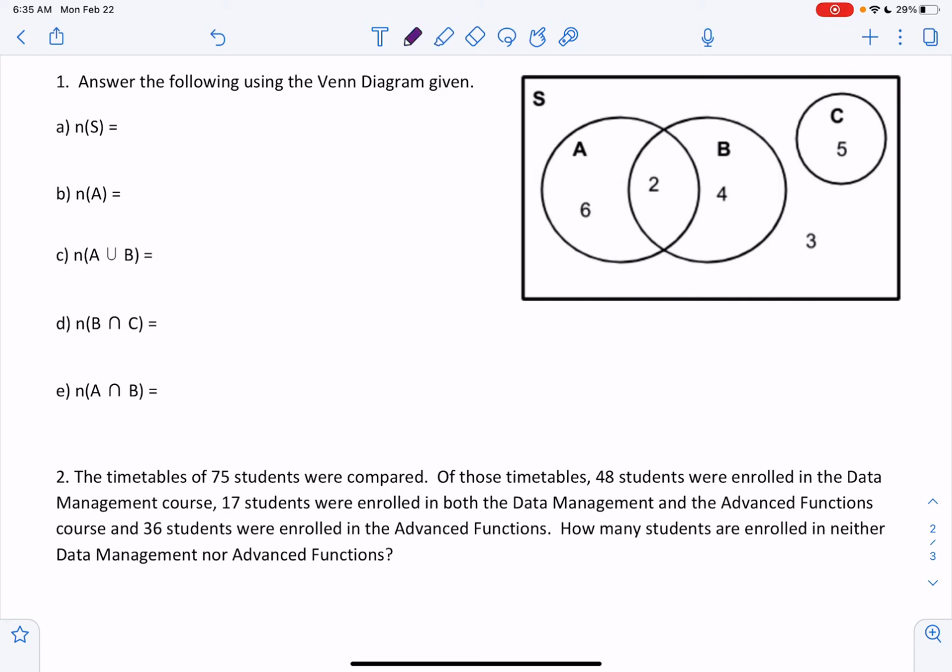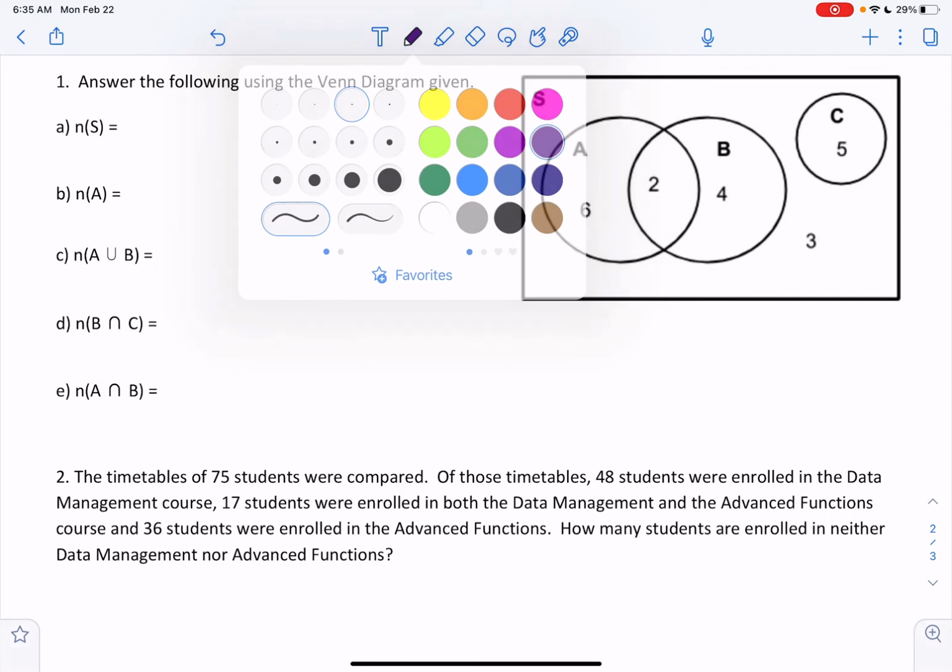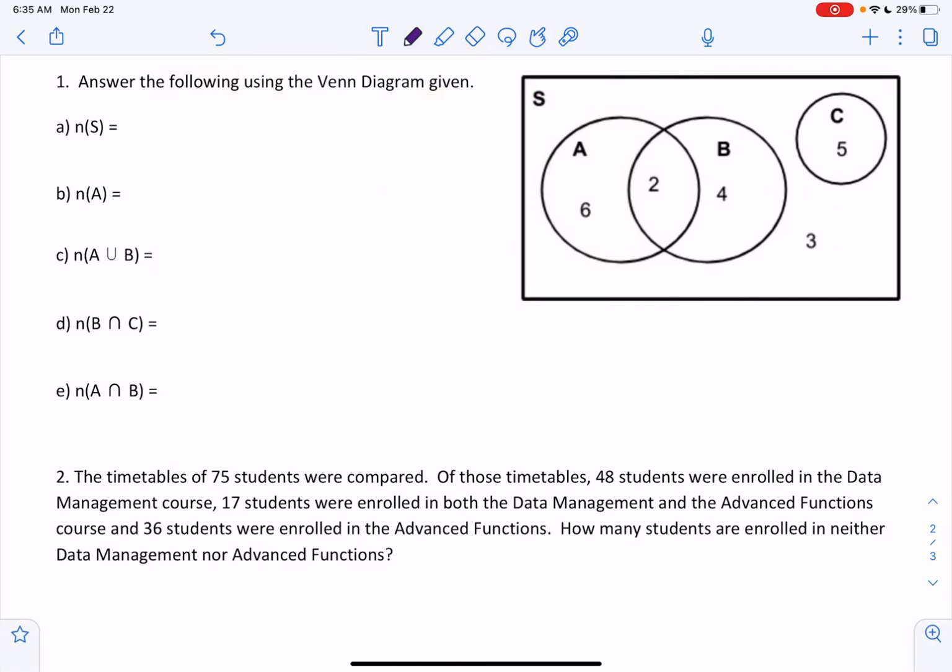So if I look at the diagram to the right here, we have 6 from A, 2 in A and B, 4 in just B, 5 in C, plus those 3 who fit into neither category. So that means there are 20 elements total.